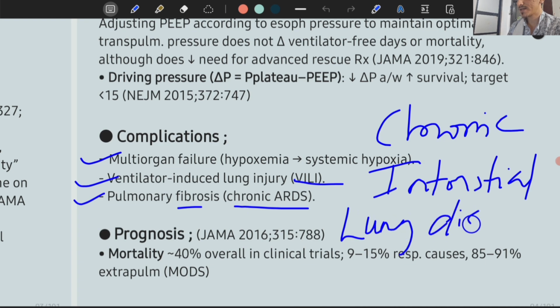I have seen in my practice a patient who recovered from COVID-19 and has now developed interstitial lung disease. That is an example of post-ARDS pulmonary fibrosis.